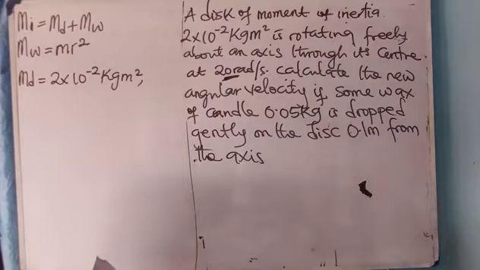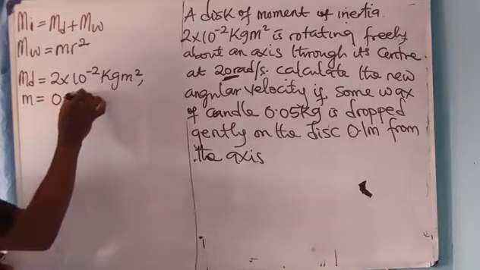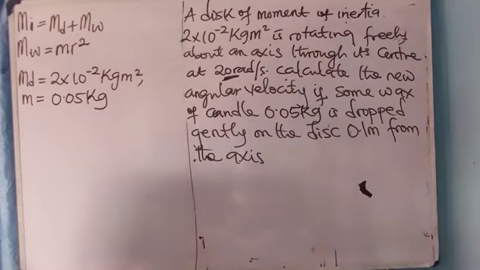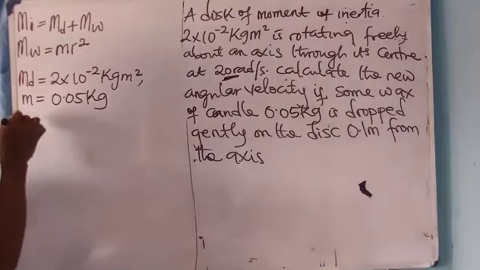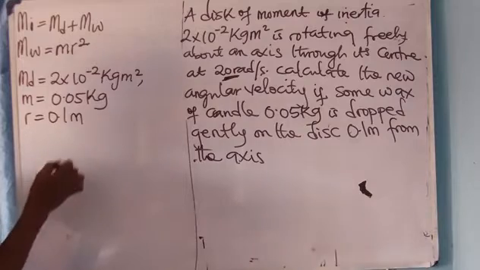Calculate the new angular velocity if the new wax candle mass, 0.05 kg, is dropped gently on the disc 0.1 meter from the axis, which is distance r equals 0.1 meter.